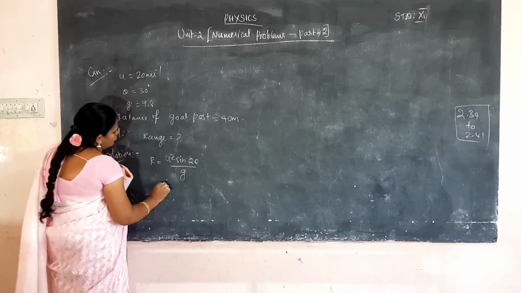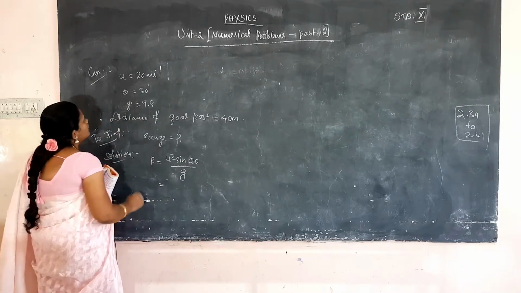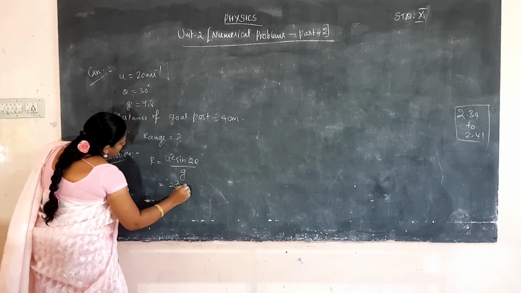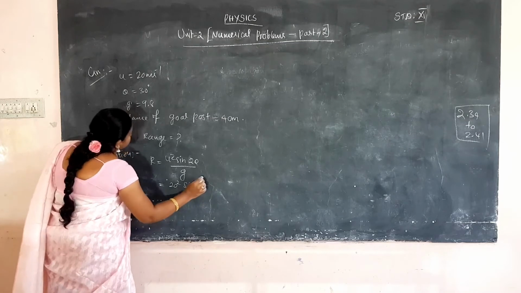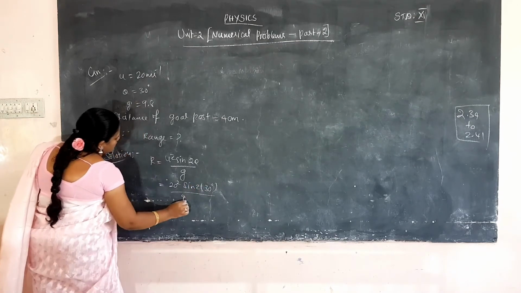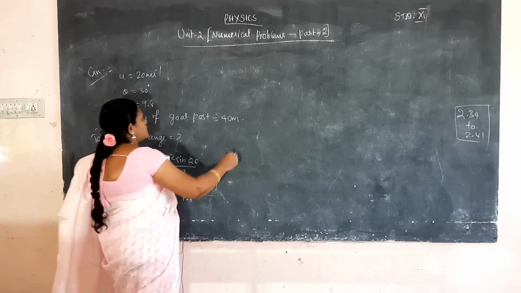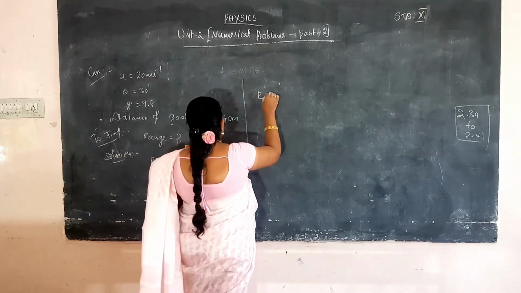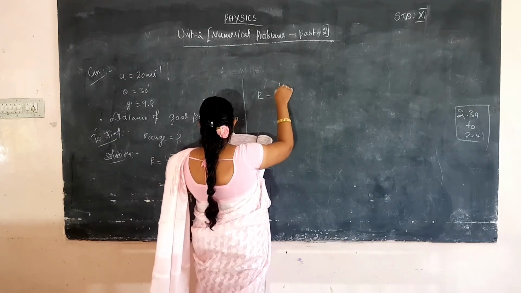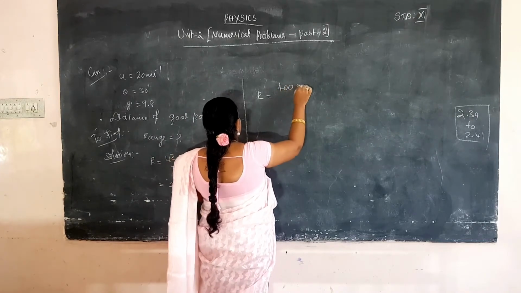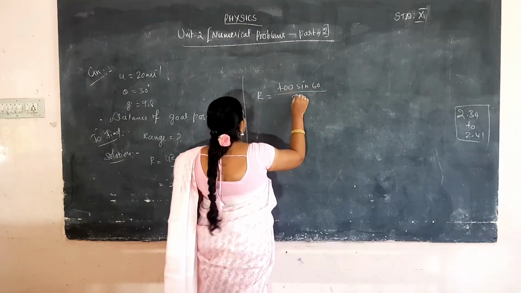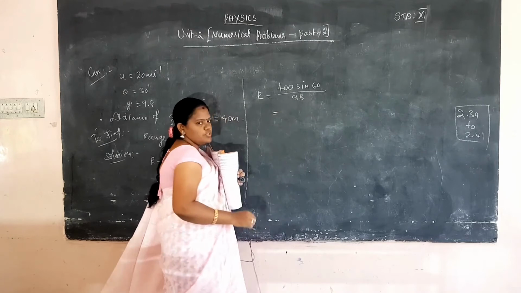So substitute the u value, theta value and g value. U value is 20, so 20 square, 20 into 20, and sin 2 into 30 by g value 9.8. So range R is equal to 20 square, that is 400, sin 60 by 9.8. Sin 60 is root 3 by 2.